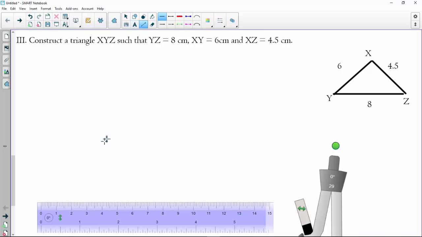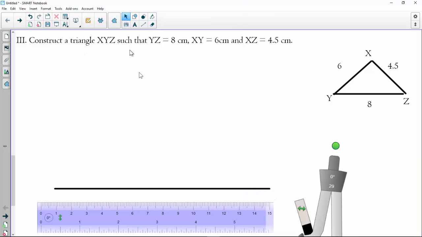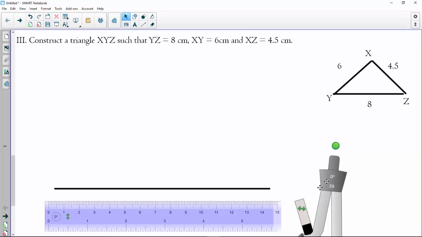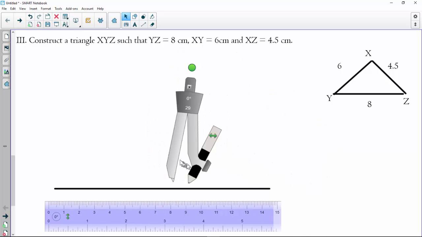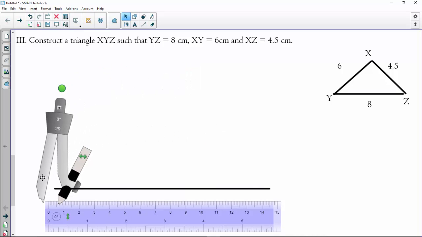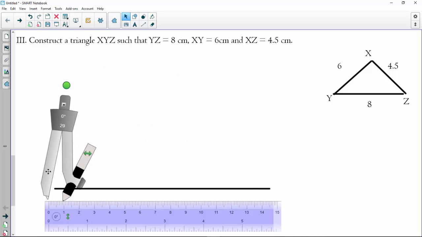So first thing first, we draw a baseline. So open the compass to 8 centimeters.